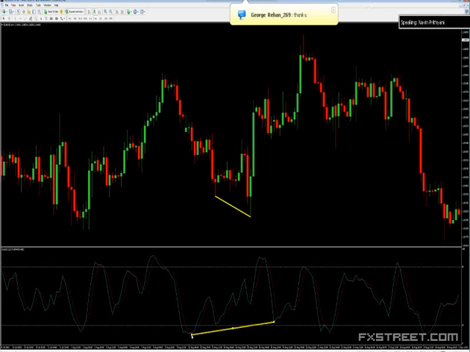Is that what you're saying? Connect the low before the one on the right. You're talking about this one or this one? Okay, this one.